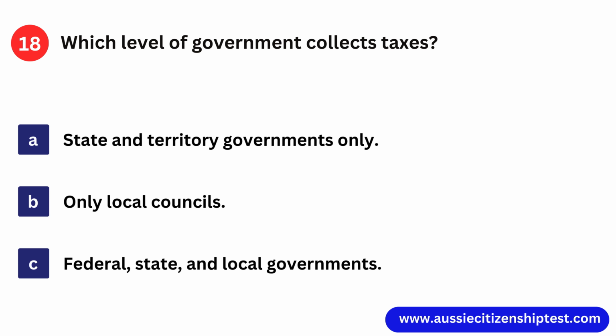Which level of government collects taxes? Option A. State and territory governments only. Option B. Only local councils. Option C. Federal, state, and local governments.